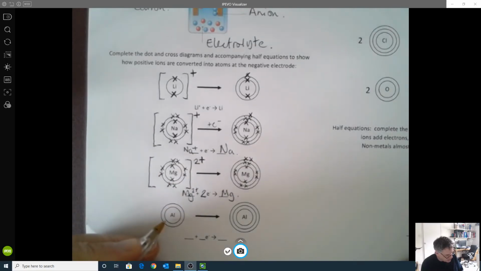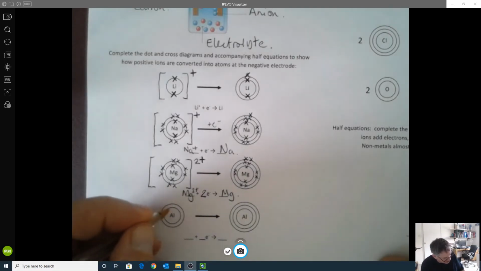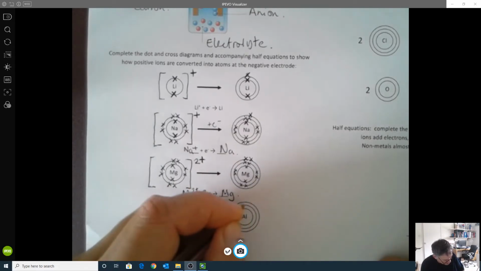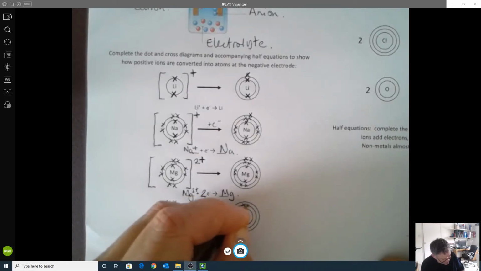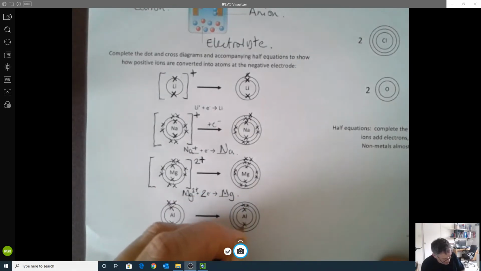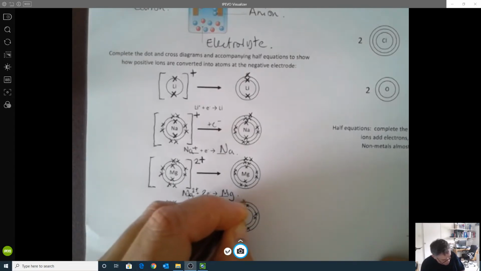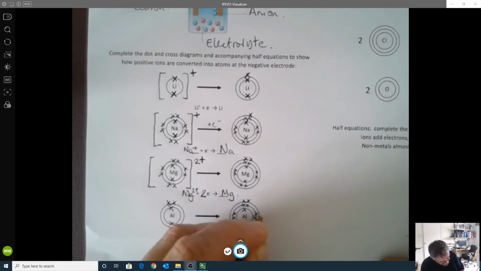And the last one, aluminium. Aluminium has 13, so this time it forms a 3 plus ion because it would have a 10. Let's draw the 10 with the 3 in its outer shell. 1, 2, 3.